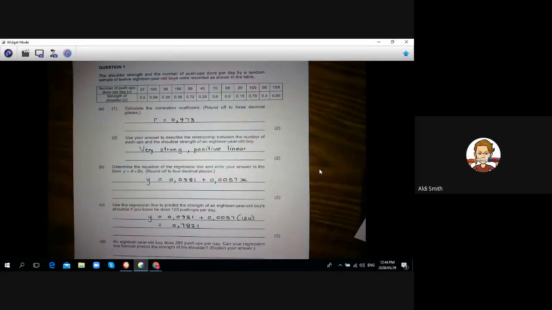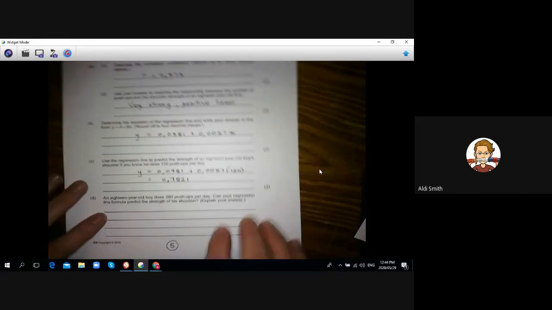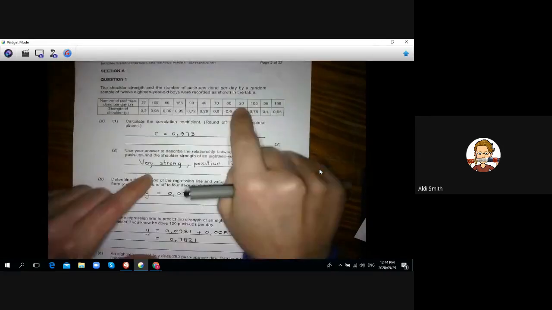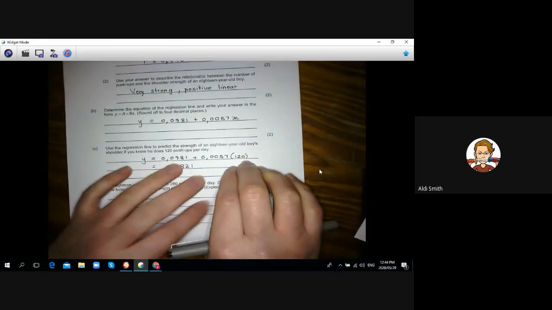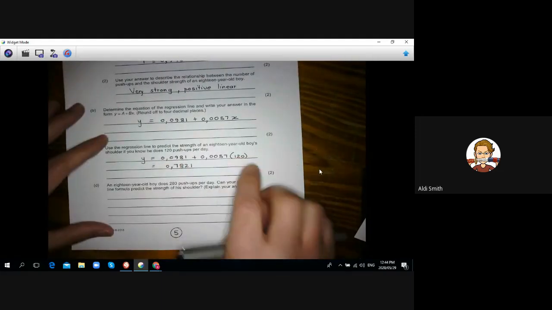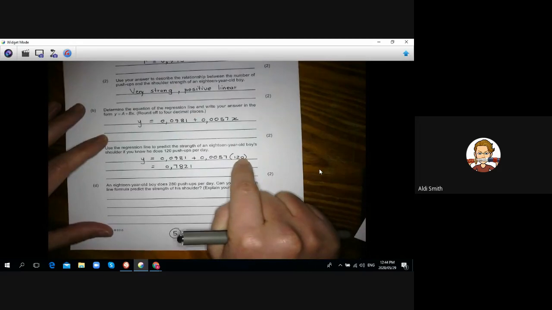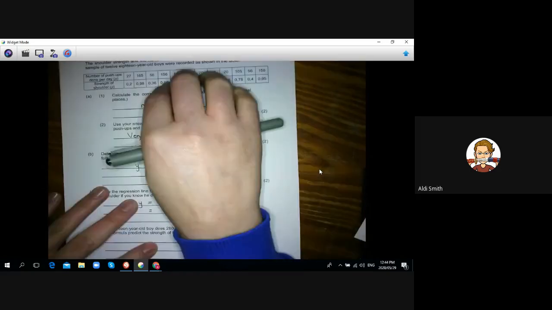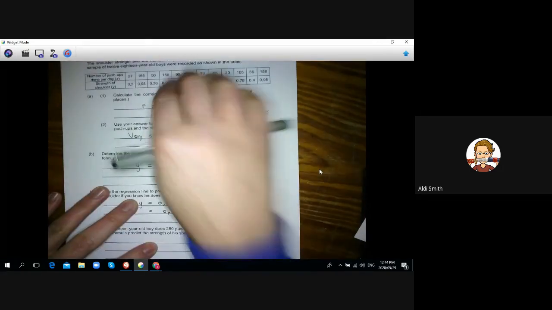So this is interpolation, because 120 does lie between 20 and 165. But if I, for instance, substituted 200 in there, that would be extrapolation. Or if I substituted 5 in there, that would have been extrapolation, because those values do not lie within the domain of my original data set. It's always got to be the domain of the original data set.